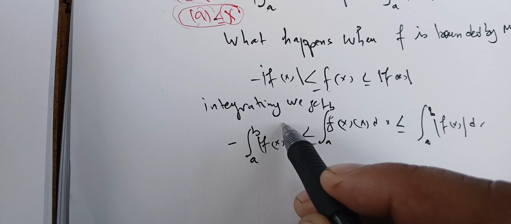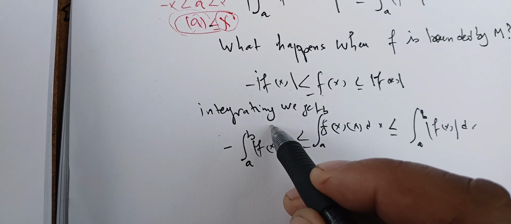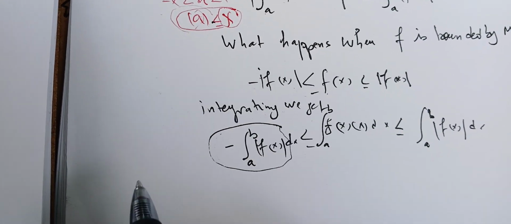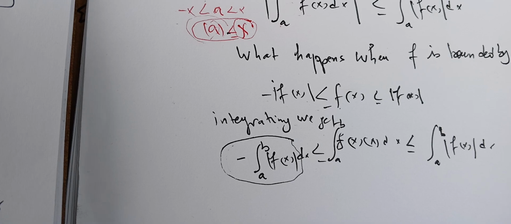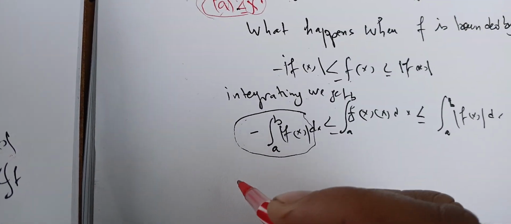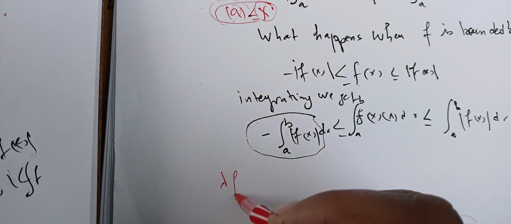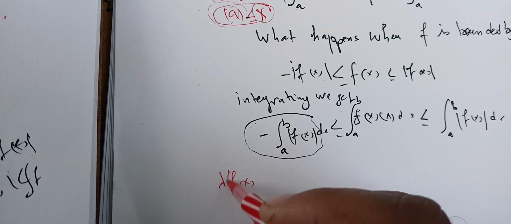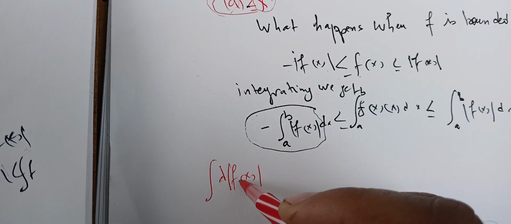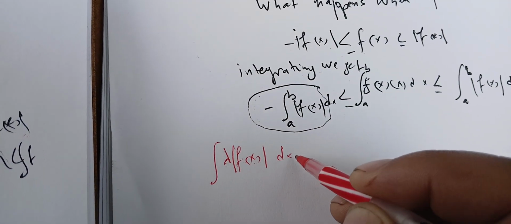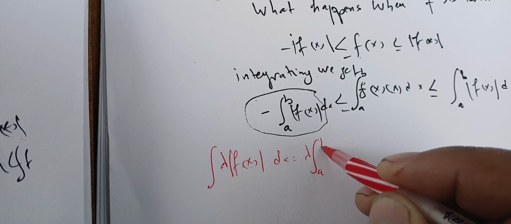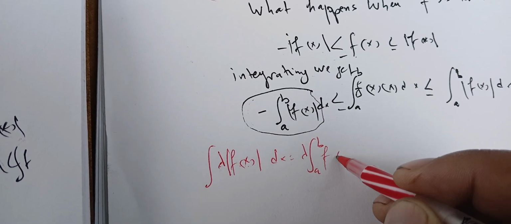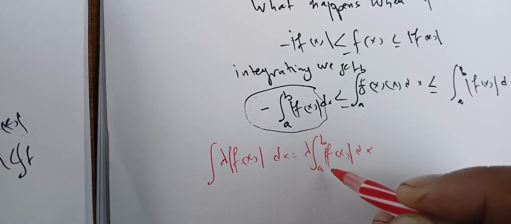Why did we have to take the minus outside for this integral? Remember that the integral of lambda f of x dx is the same as lambda times the integral between a and b of f of x dx, in absolute value.